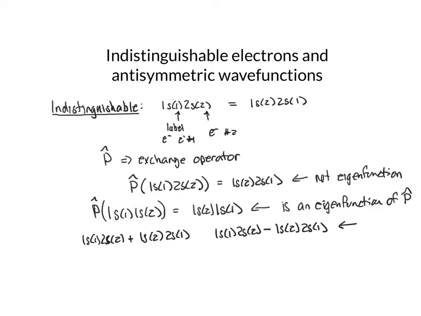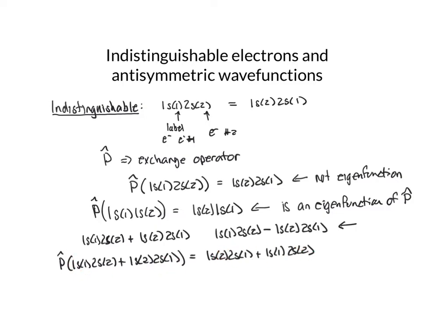So these two superposition states, or linear combinations of the wave function, would be eigenfunctions of the exchange operator. So if I now operate P hat on 1s1, 2s2 plus 1s2, 2s1, and I just exchange the labels, I end up with 1s2, 2s1 plus 1s1, 2s2. And you can see that because addition is commutative, this is exactly the same as this.